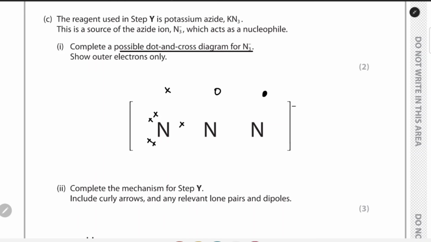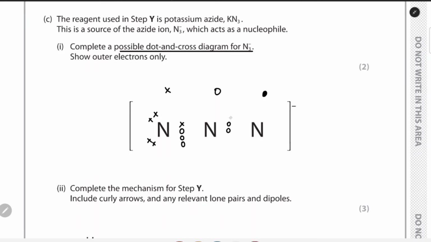The fifth cross over here. We can have double bonds over here. The other 3 will be from this nitrogen. So 1, 2, 3. So we have used 3 of its electrons over here, so the other 2 will be here.